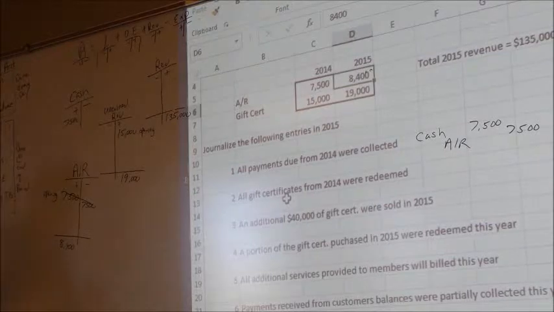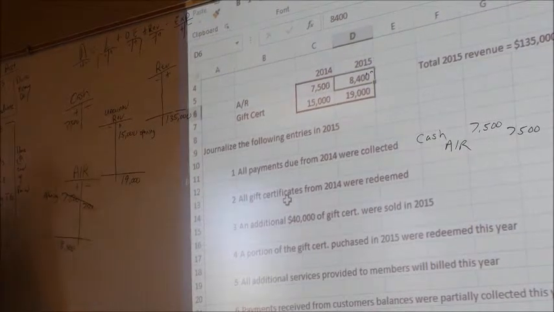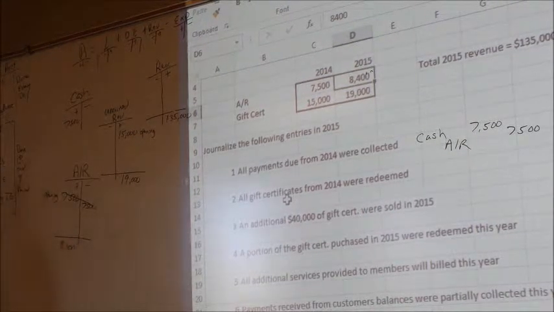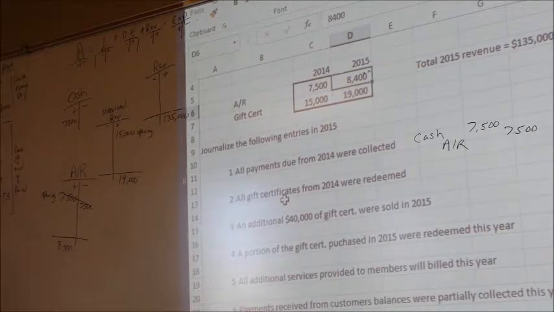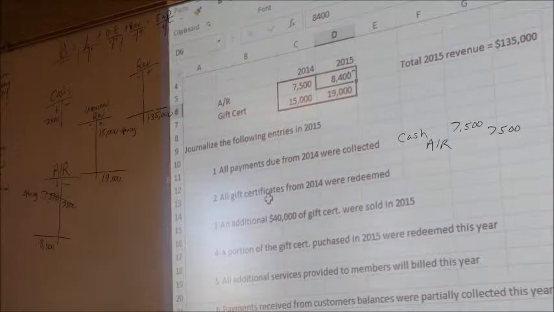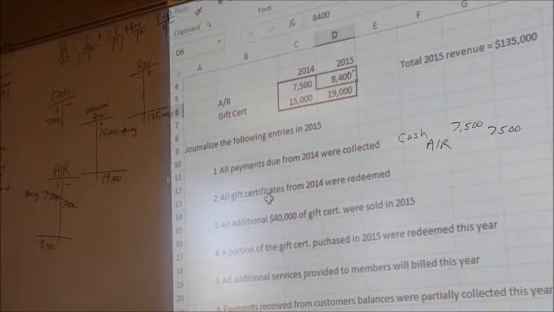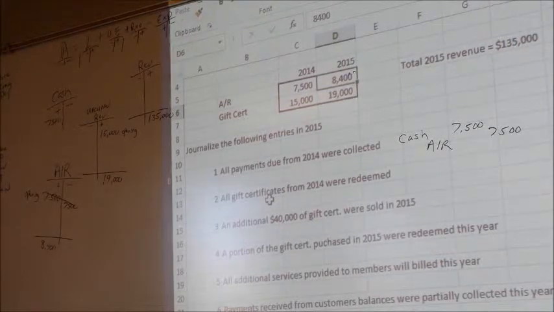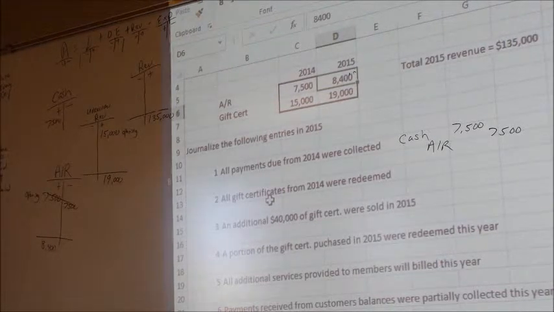Okay, somebody else now. All gift certificates from 2014 were redeemed. What did you get? Service revenue. What about it? We have to credit that. Credit that, yep.